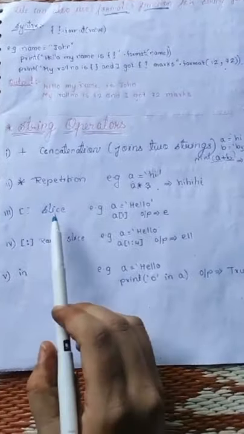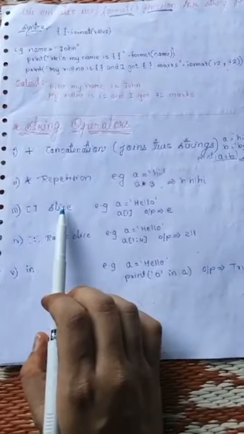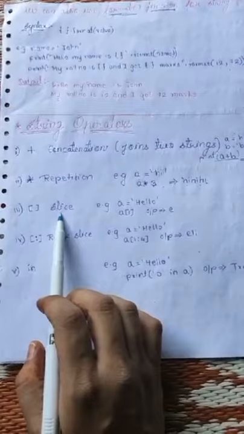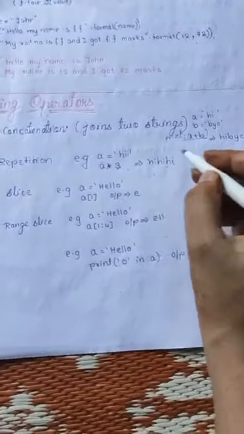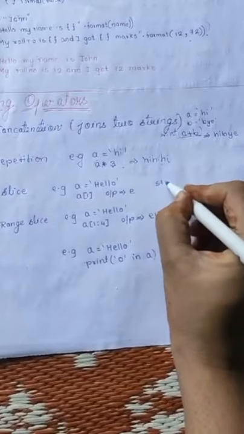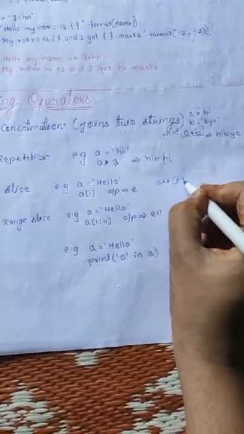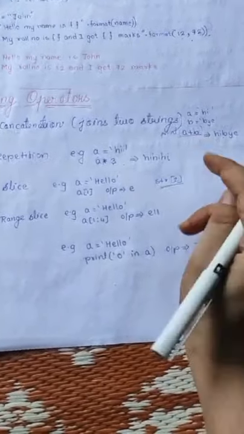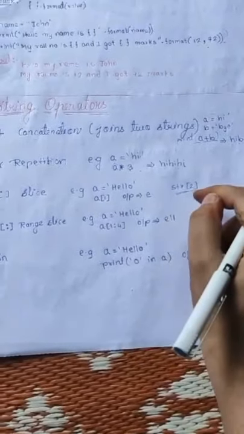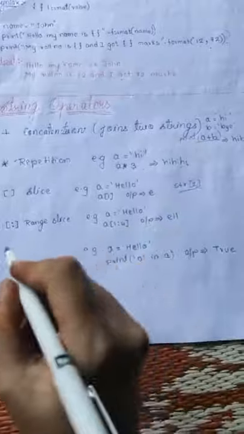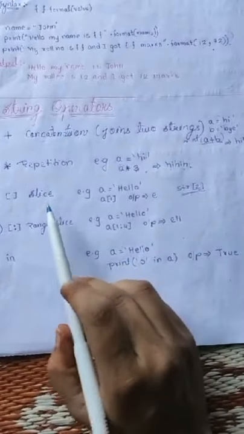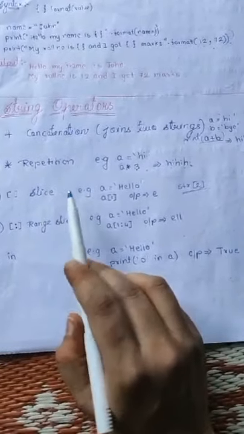The next operation is slice. As we have seen indexing, right? In indexing you might have seen that I gave an example, str of 2. This is nothing but a slice operation. When I want to access a particular character from the whole string, at that time I use this slice operation.